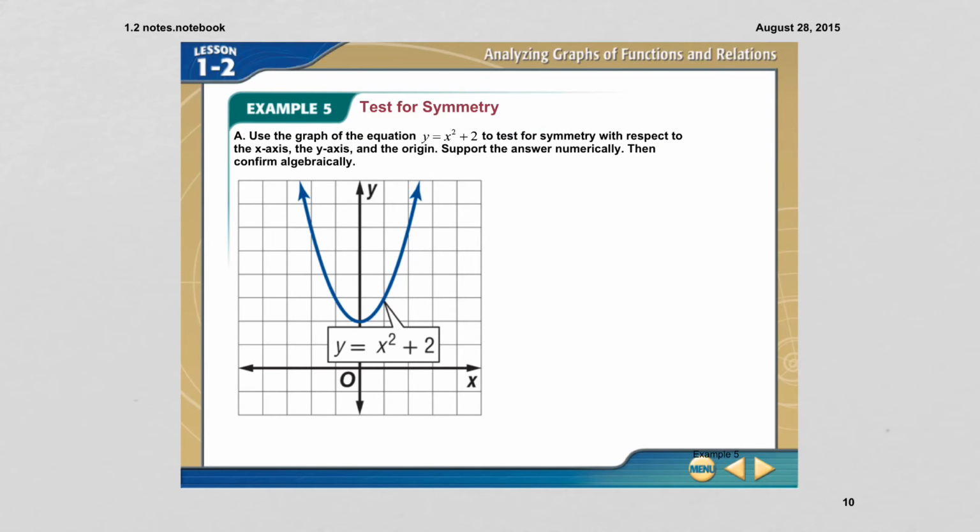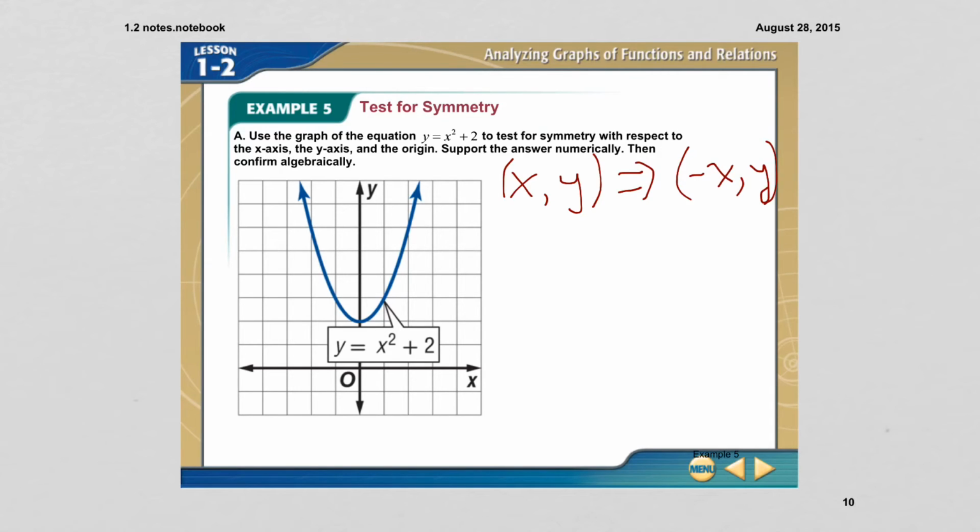Okay, looking at the graph, we should be able to notice that we have a symmetry around the y-axis. Well, to check that out, we know from our previous page that the points (x, y) must match up with the points (-x, y).